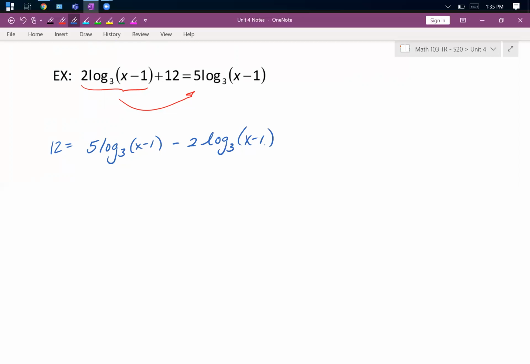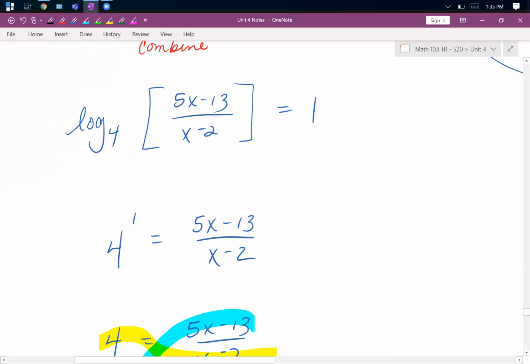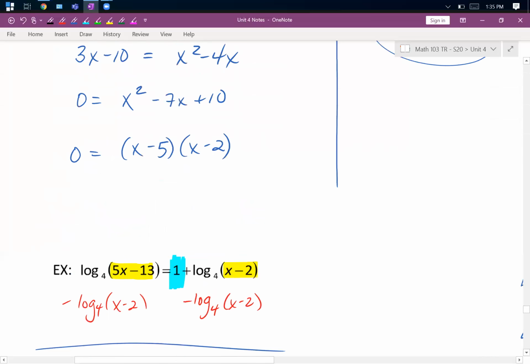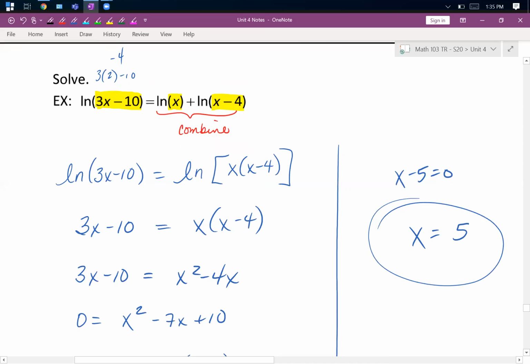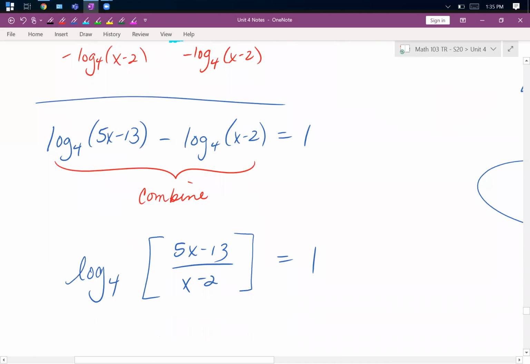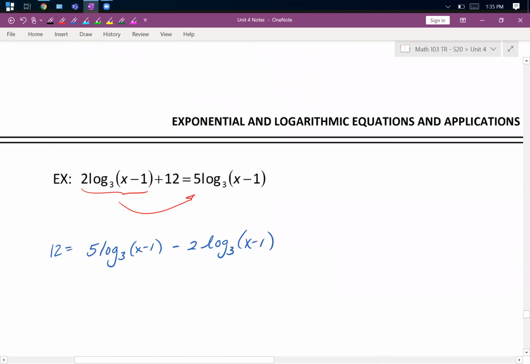What do you notice about these logs? Their arguments are the same. Not only do they have the same base, but their arguments are the same. We haven't had that in any of them. If we scroll back and look, even when we were practicing combining and tearing apart logs before, they never had the same argument.